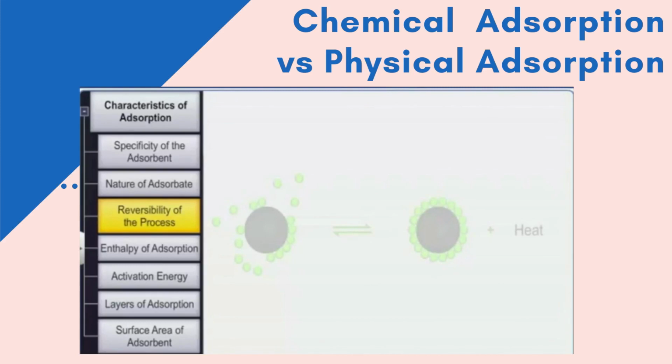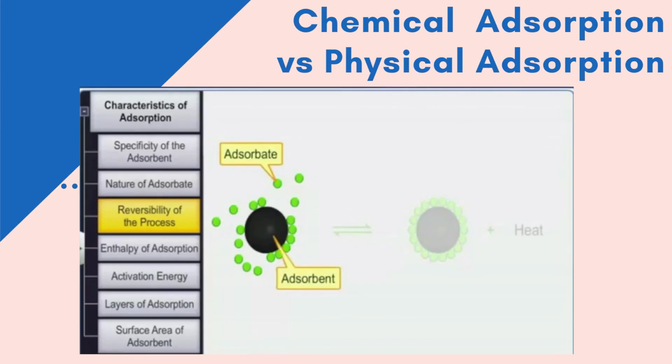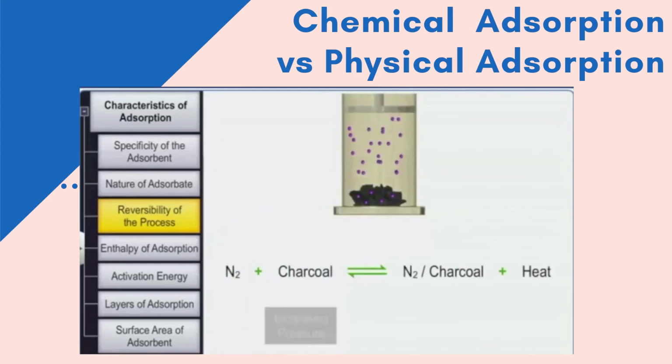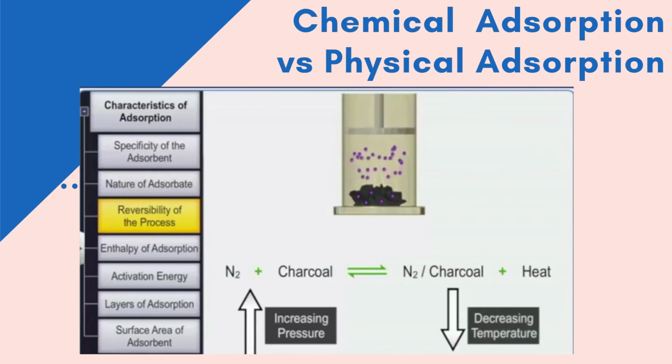The equilibrium can be represented as gas, the adsorbate, plus solid, the adsorbent, is in equilibrium with the gas adsorbed on the solid plus heat. On applying Le Chatelier's principle, it can be seen that when we increase the pressure or decrease the temperature, the equilibrium shifts forward.